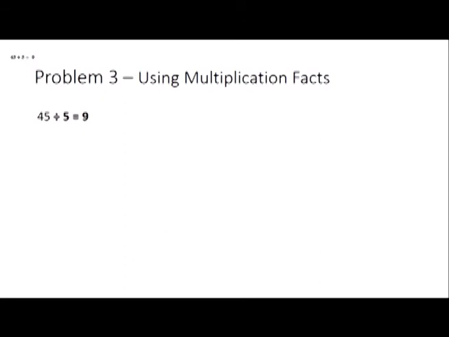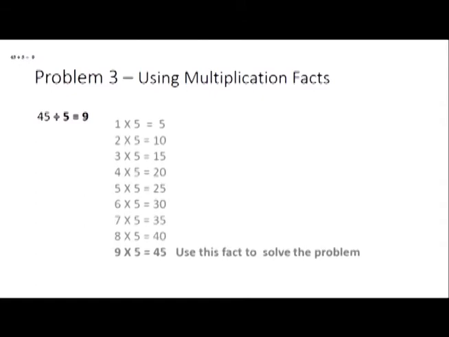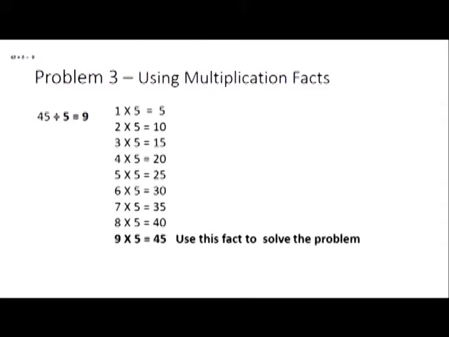But again, we want to look at using the multiplication facts. So this was our problem, 45 divided by 5. At that point in time, we didn't know the answer was 9. What we could have done is look at our multiplication facts, or what we call our times tables, and from that, we would have probably gotten the answer. So here I have my 5 times tables.